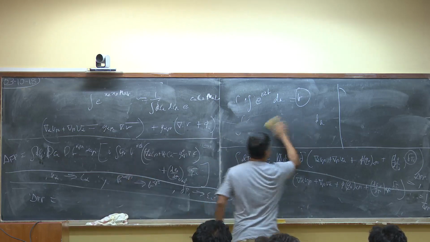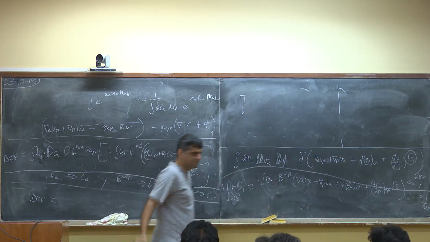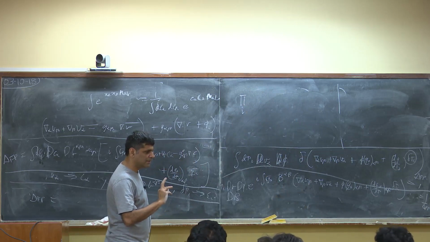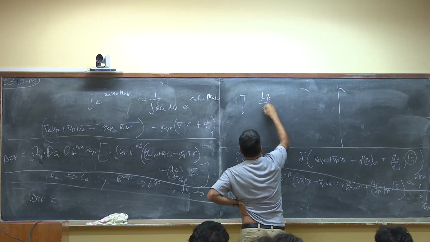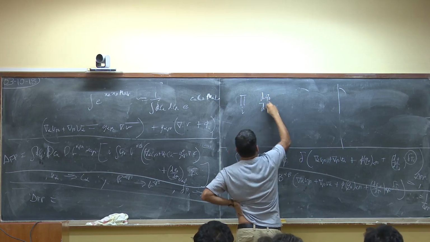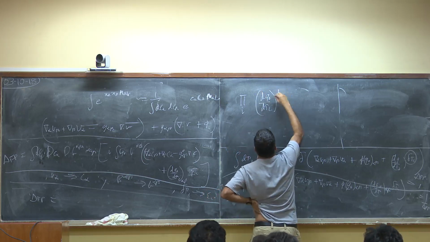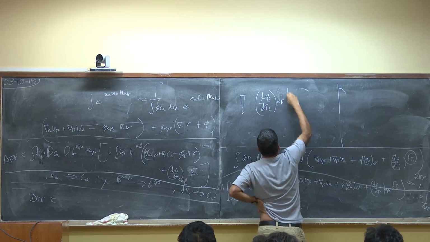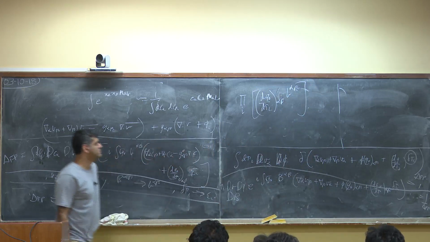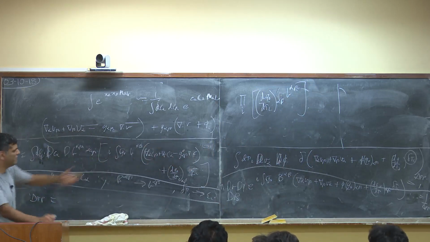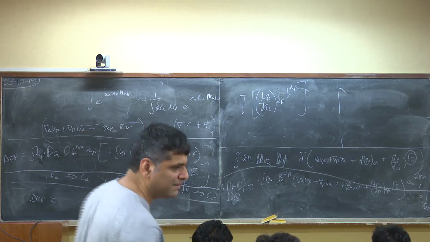It's just a product over I. So what we get is the product over I of d g naught by d tau I, b alpha beta. Just one for each of the zetas. Just use that formula repeatedly.